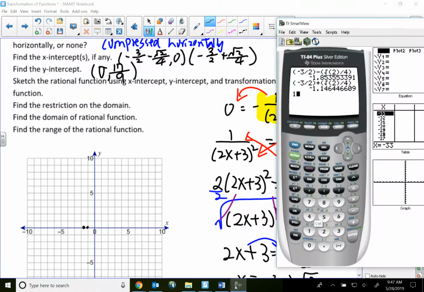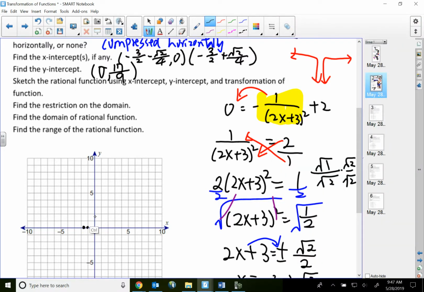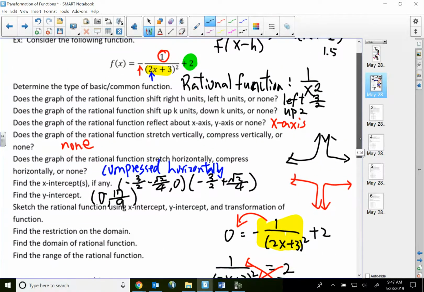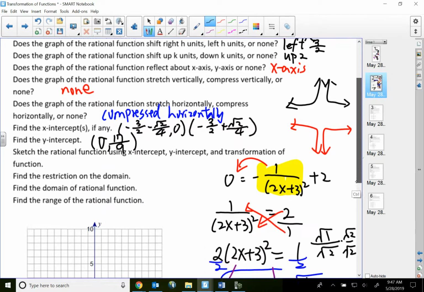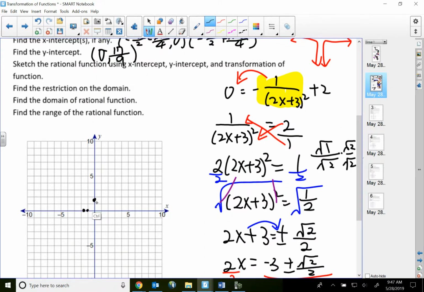Let's see where 17 over 9 is. It's almost positive 2. What was my vertical shift? My vertical shift is 2. So my y-intercept is right below my shift.